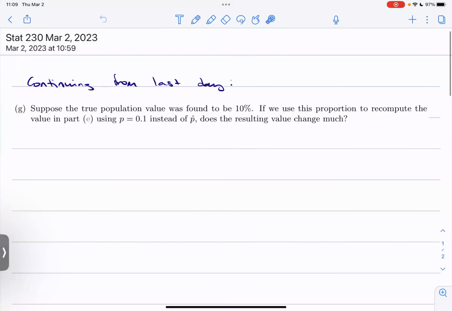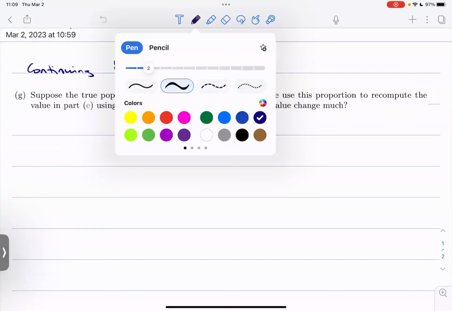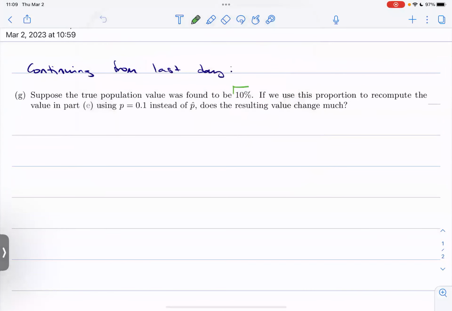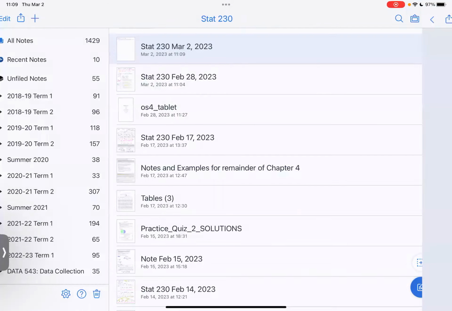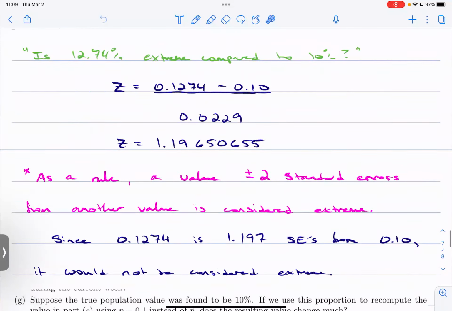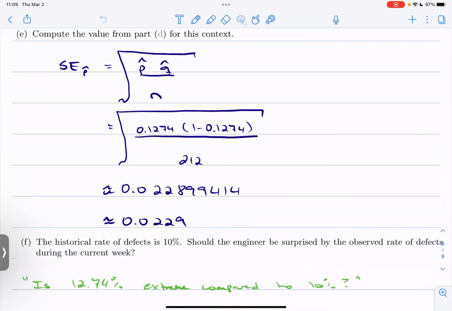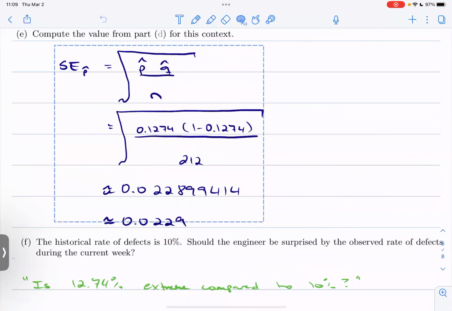And so here, let's see here, use a different color. This is saying that P is 0.10, which it says here too. What I'm going to do is grab this standard error calculation that we already found.